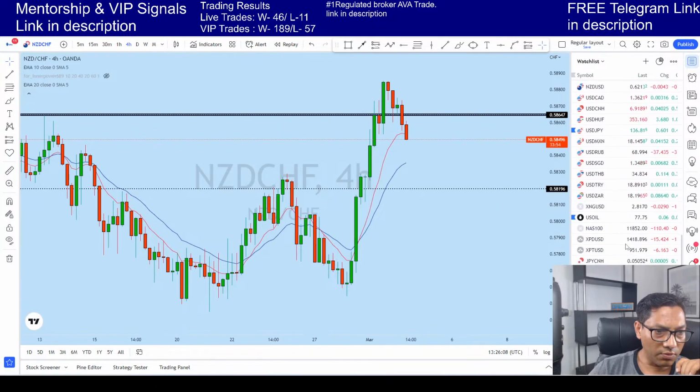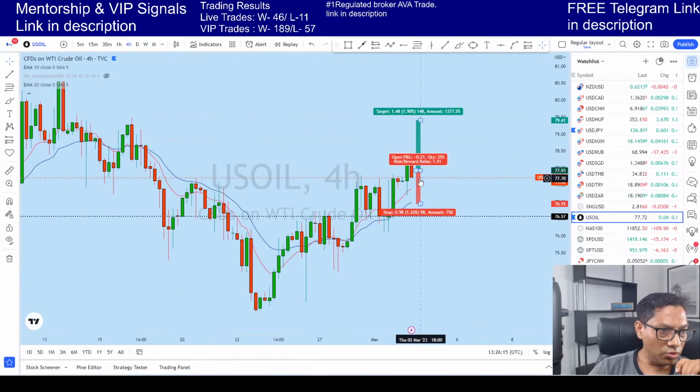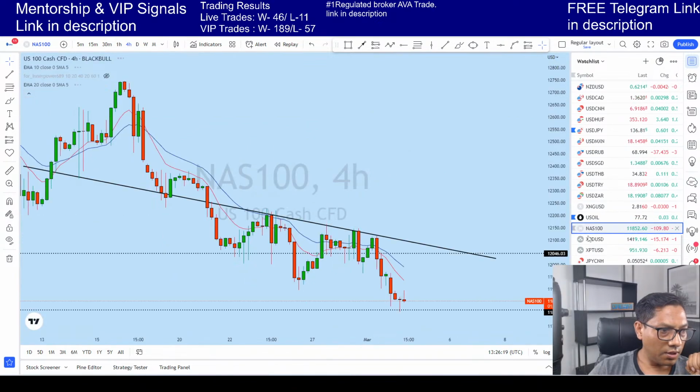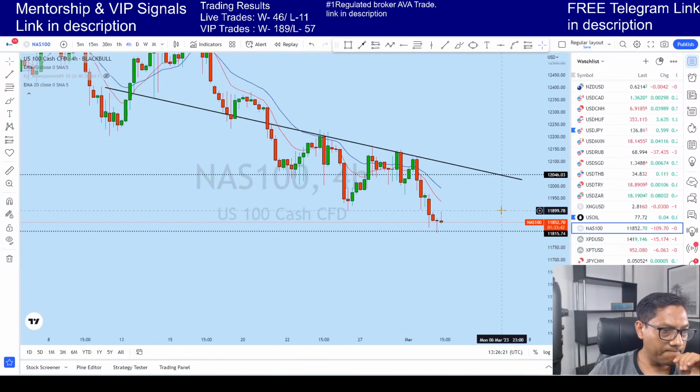We saw a couple of pairs really aggressively coming. So looking at US oil, we just placed a pending order, later we closed it. NASDAQ, this one is also consolidating.